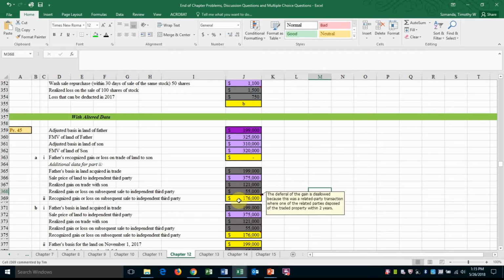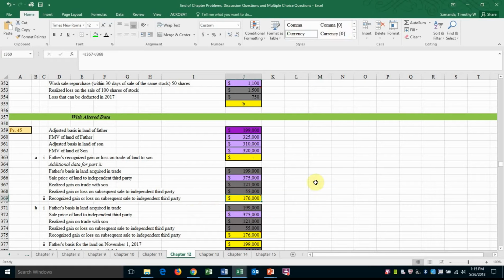Then the second part of the question relates to the recognized gain or loss on the subsequent sale to the independent third party, who happens to be a real estate agent. Here we do recognize a gain of $176,000, which is the realized gain on the trade with the son, using my numbers, plus the realized gain or loss on the subsequent sale to the third party.